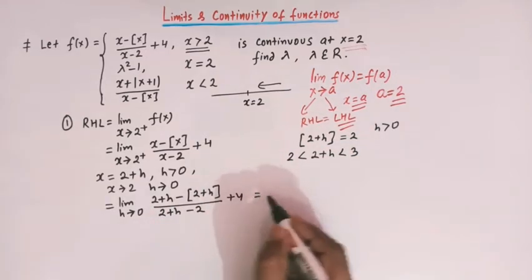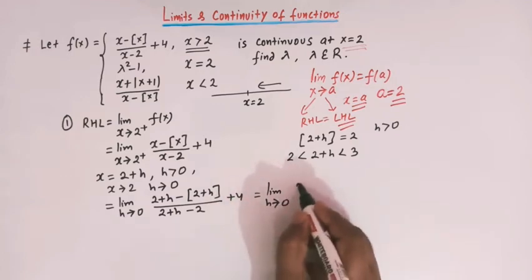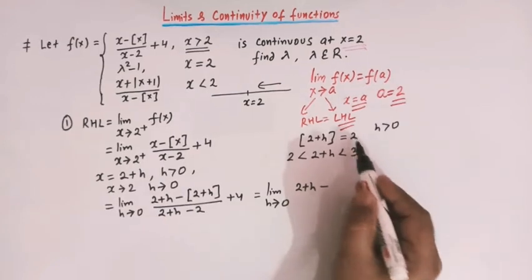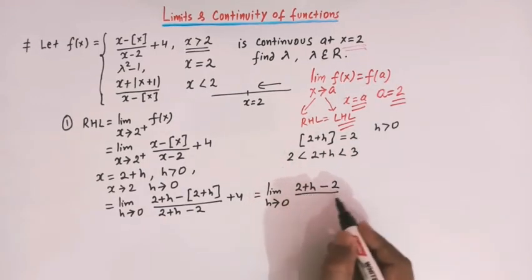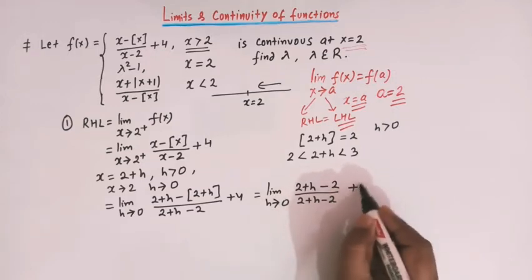So now we can write limit h tends to 0 of (2 plus h minus 2) divided by (2 plus h minus 2), plus 4.